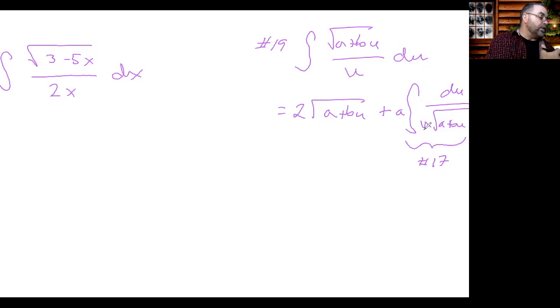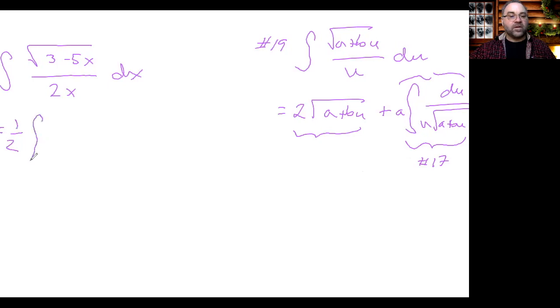The reduction formulas are basically like an integration by parts that's built in: you get the u times v, which is here, and then you get the v du, which is over here. So for us, first of all, the 1/2 needs to come out.